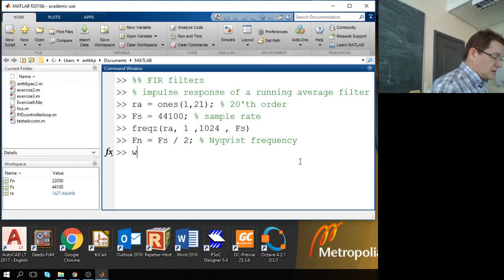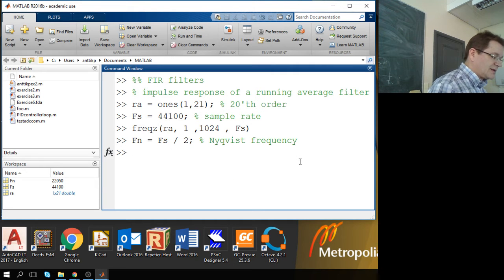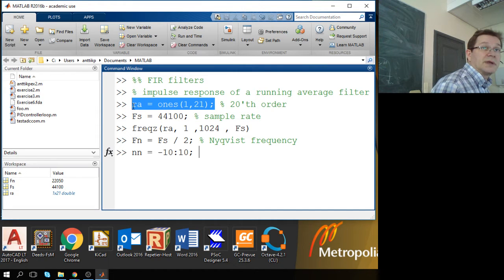So our windowed sinc would be just sinc, with n from minus 10 to 10. Okay, let me do another thing. Indexes from minus 10 to 10. So basically that would be the same sampling indexes also for the running average.